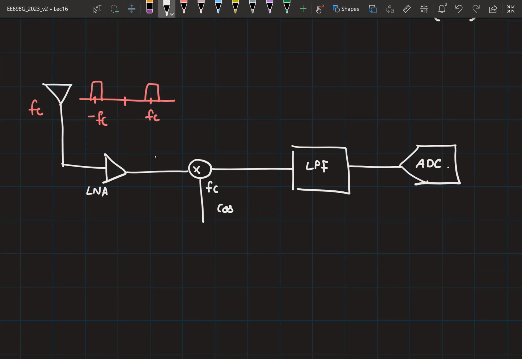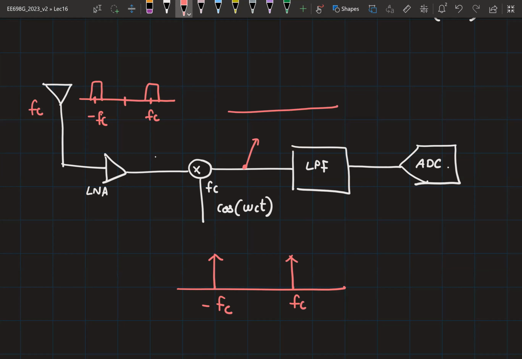So this is cos of omega c into T, and its spectrum would look like this. We will have two impulses at FC and minus FC. Now, when I multiply both, the spectrum at this point would simply be these bands shifted to DC. So you'll get something around DC.